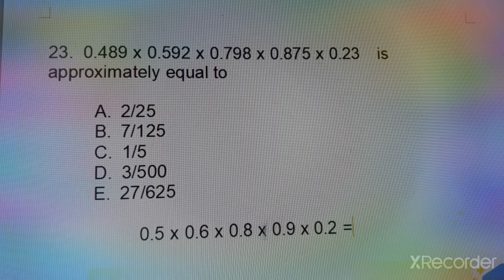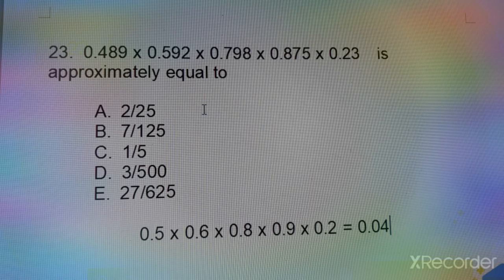Then 0.24 times 0.9 is approximately 0.2. And then 0.2 times 0.2: 2 times 2 is 4, and 2 decimal places, so 0.04 approximately.